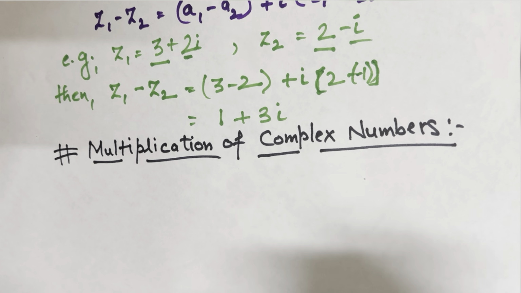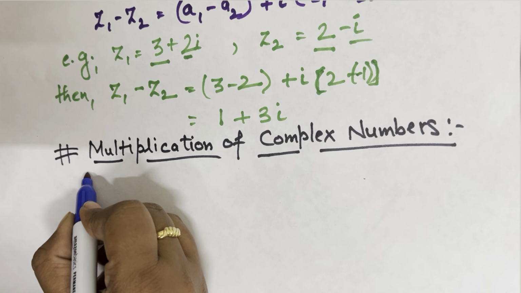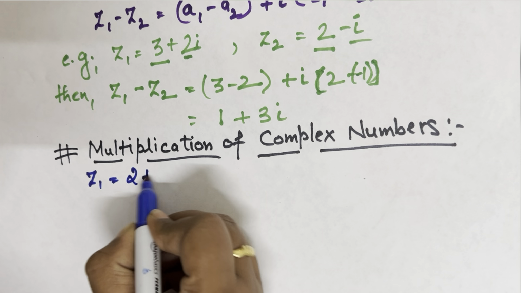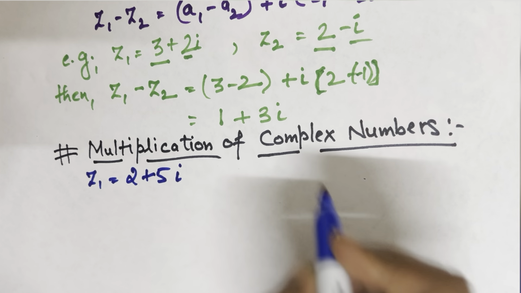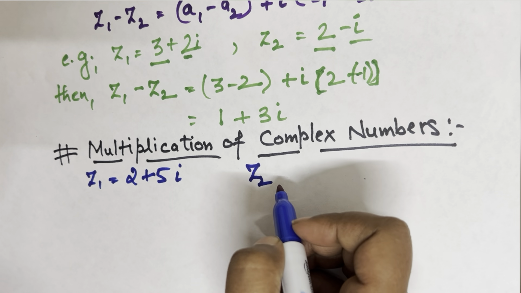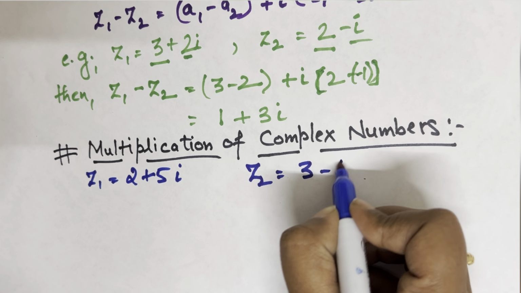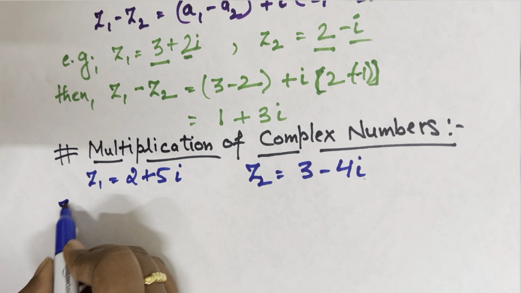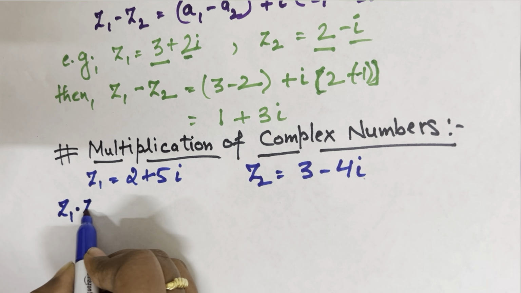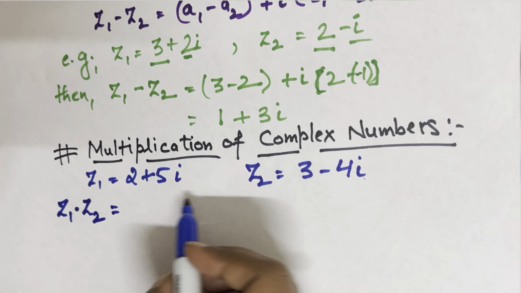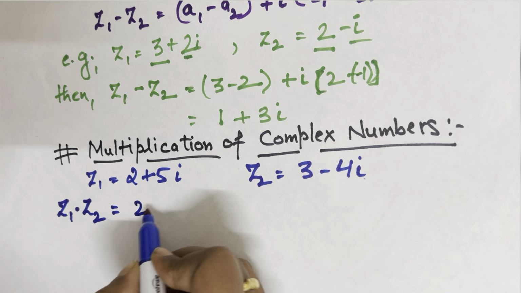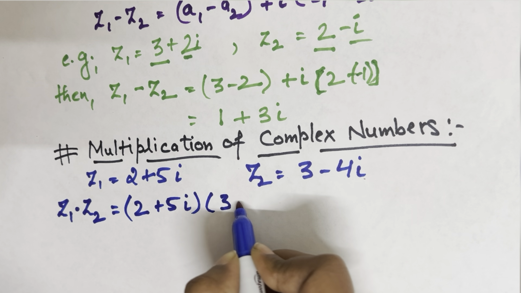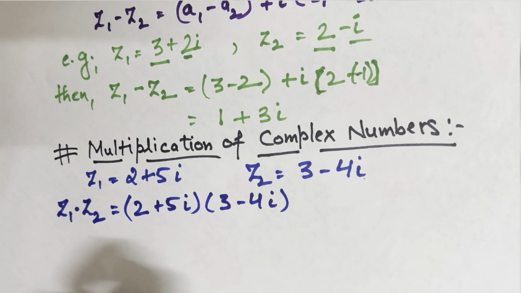So suppose we have two complex numbers z1 and z2. So we have z1 equals 2 plus 5 iota, and we have z2 equals 3 minus 4 iota, and we want to find out what will be the value of z1 into z2. So simply it will mean z1, that is 2 plus 5 iota multiplied by 3 minus 4 iota.